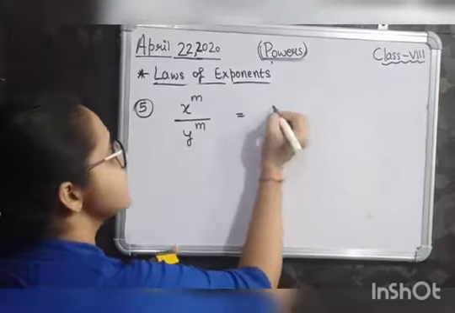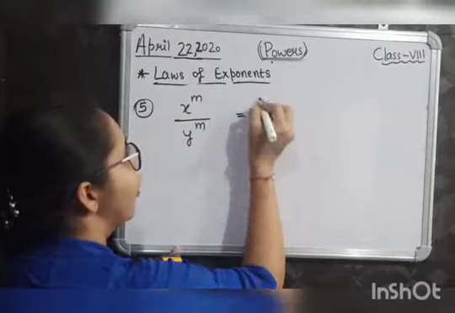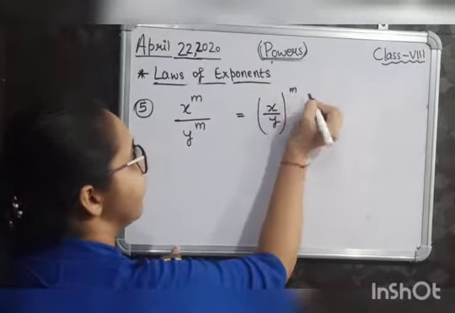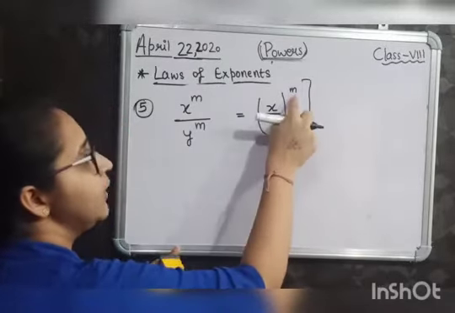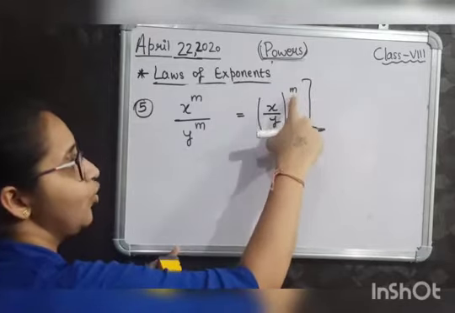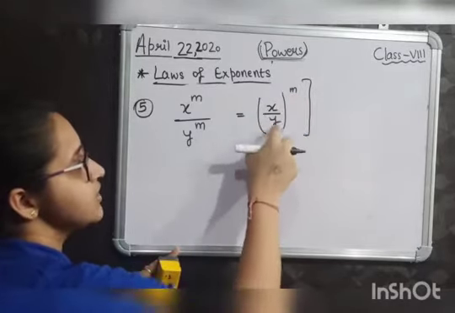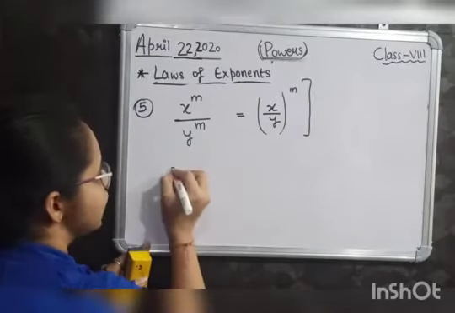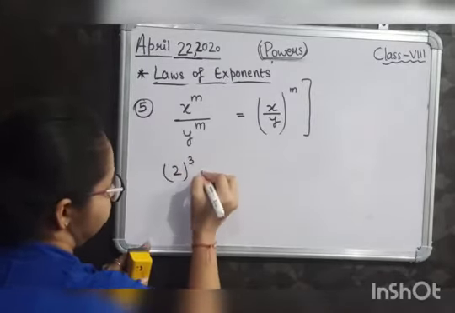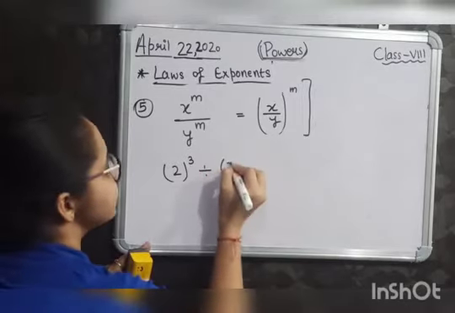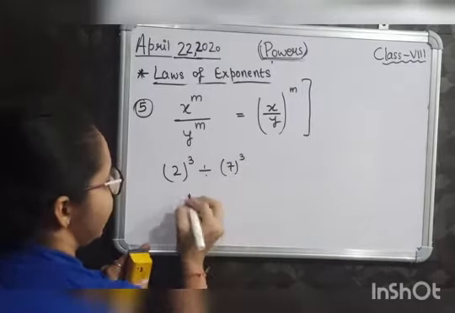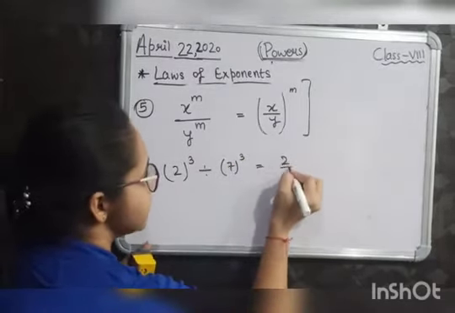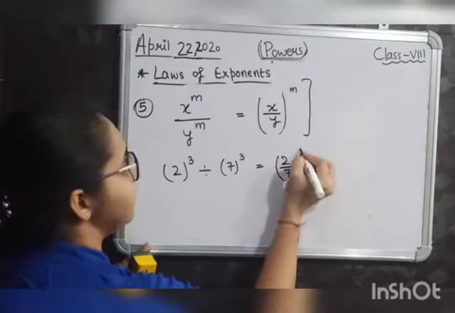How will you solve this? x upon y whole power m. You will keep the power the same in common. For example, if I have 2 power 3 divided by 7 power 3, it will give you 2 upon 7 whole power 3.